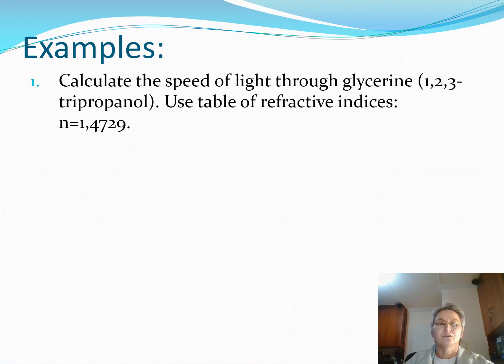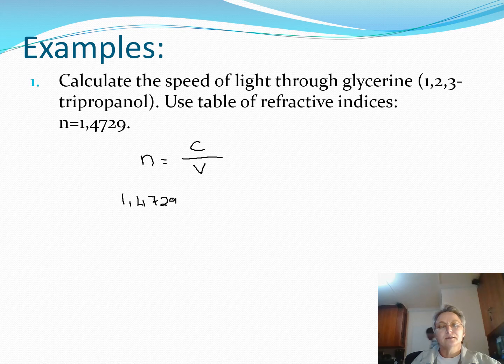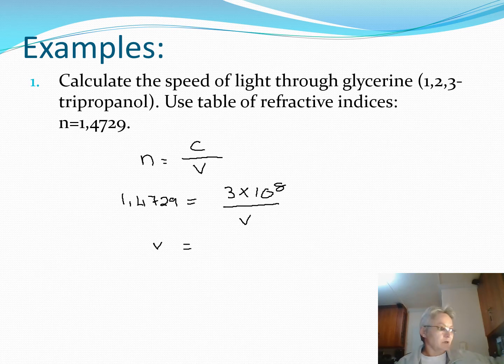So our first example is to calculate the speed of light through glycerine, and I copied the refractive index from the table. So the refractive index is the ratio between the speed of light in a vacuum to the speed of light in the medium. So 1.4729 is equal to 3 times 10 to the power 8 divided by v. What is the speed of light in that medium?